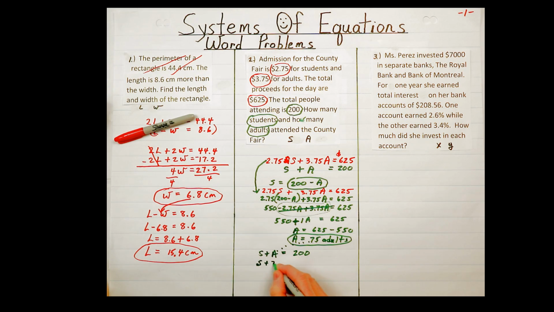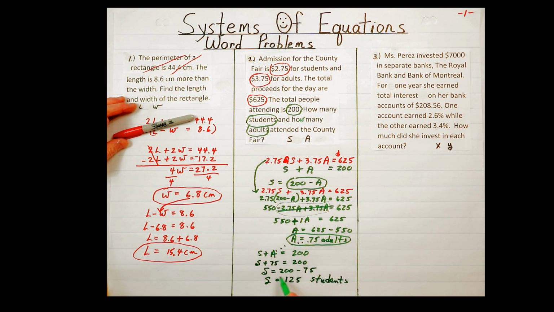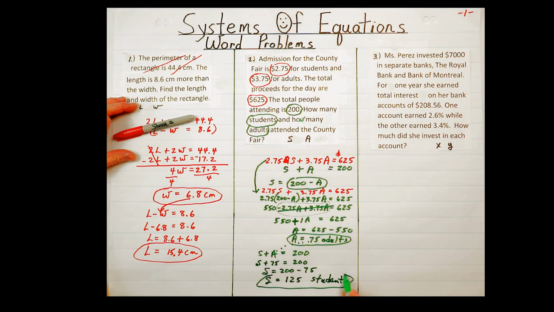S plus 75 equals 200. And we want to get s by itself, so s equals 200 minus 75. Does that sound like 125? So we have 125 students and 75 adults. So that's the second question.